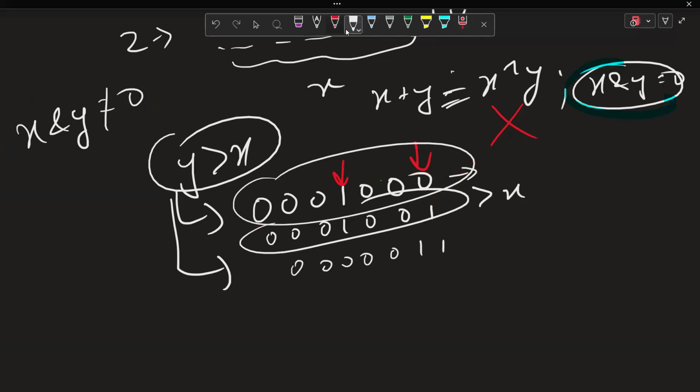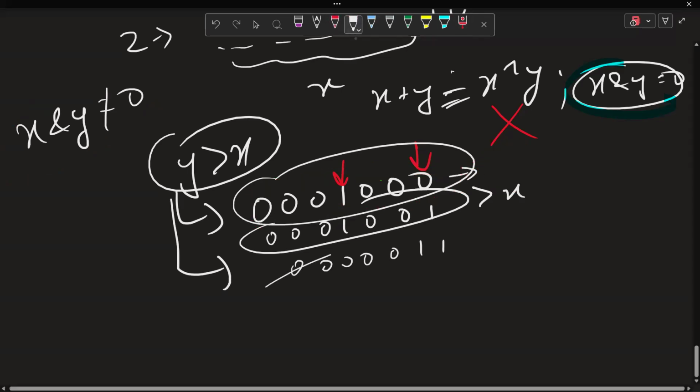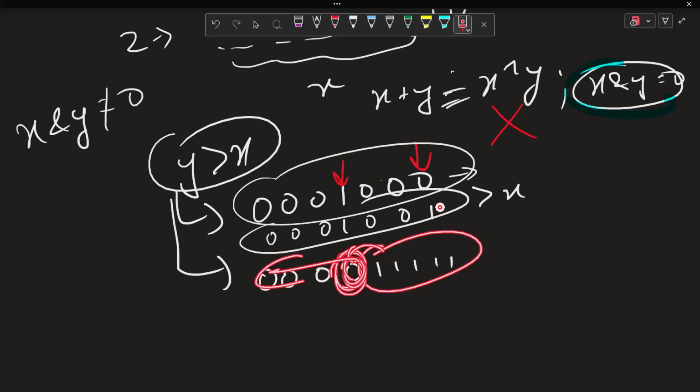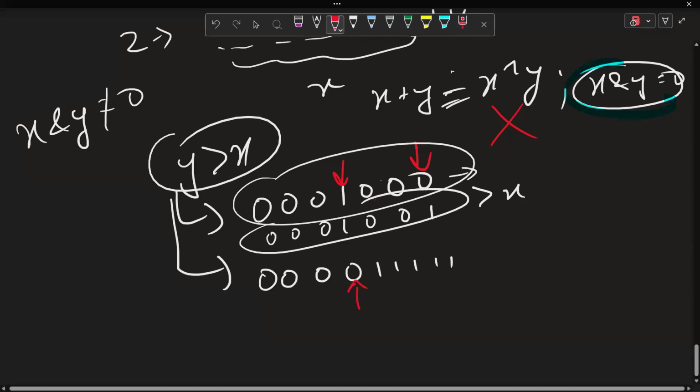And the second case where you would not be able to solve the problem is when you have something like this: after your first unset bit, there is no 1 to the left. So when you set this bit, your y would become greater than x.